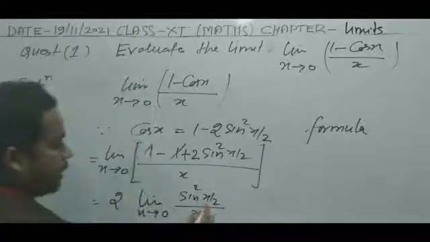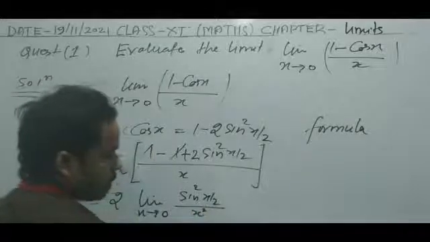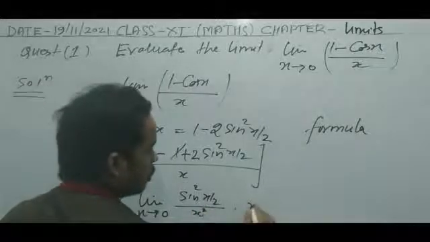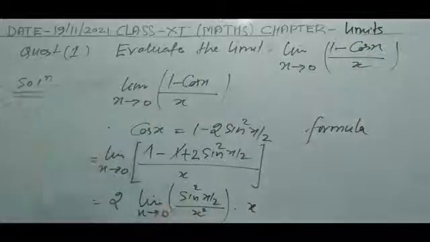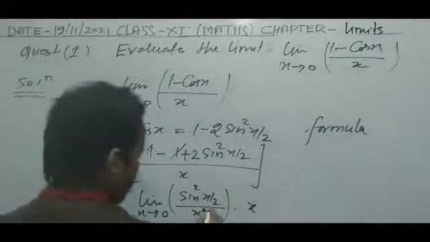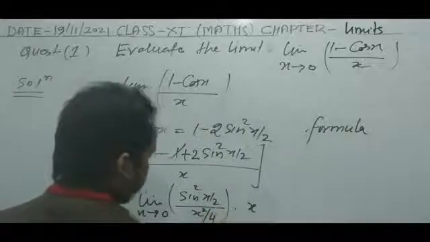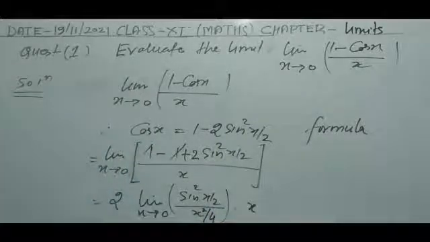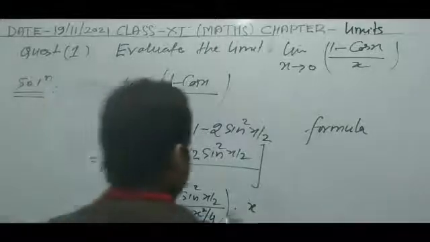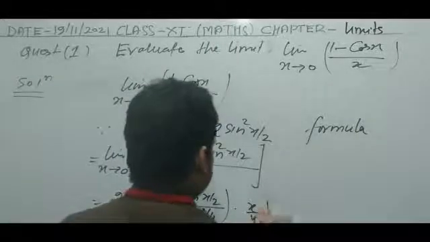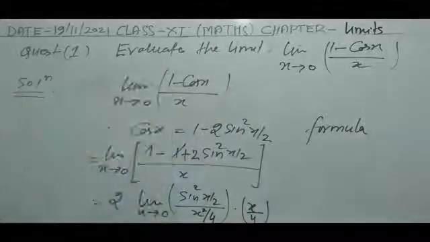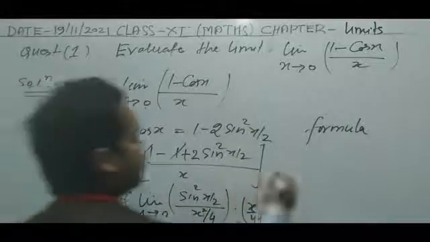Now this x we can write x square into x. And suppose we are going to divide by 4. So multiply 4 means x by 4 will be here.